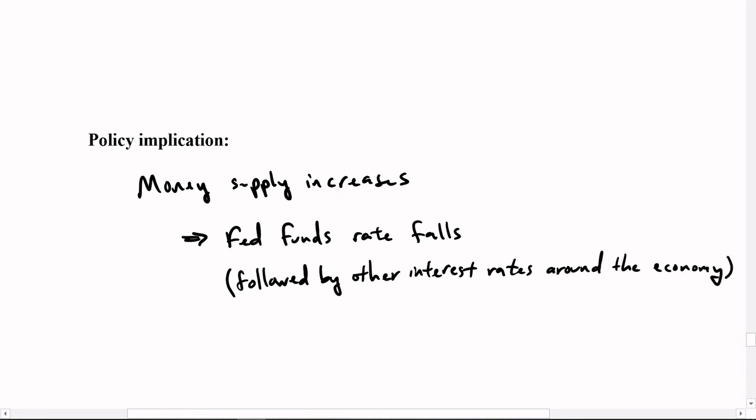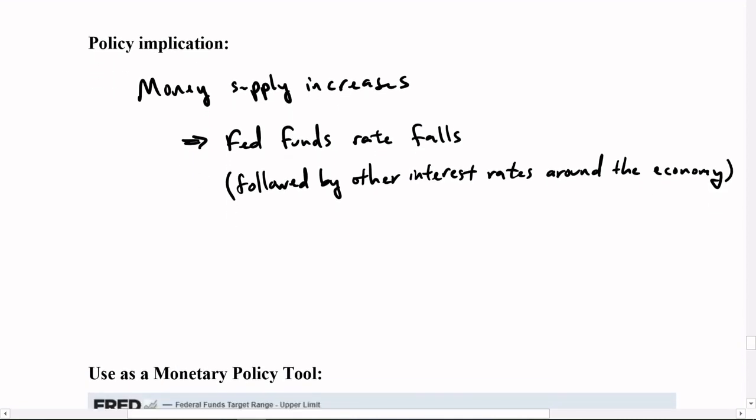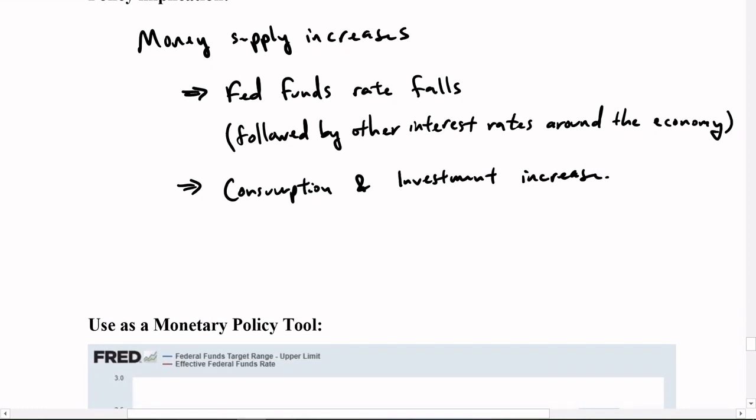So for borrowing for cars and houses and business loans and so on, the cost of borrowing has decreased. So consumption and investment increase. And again, finally, GDP increases and we avoid economic collapse, is the idea.